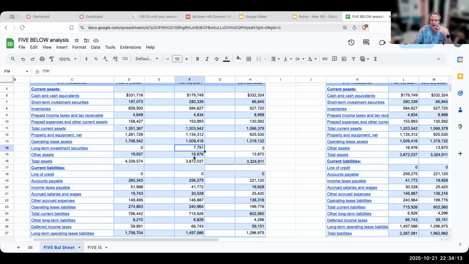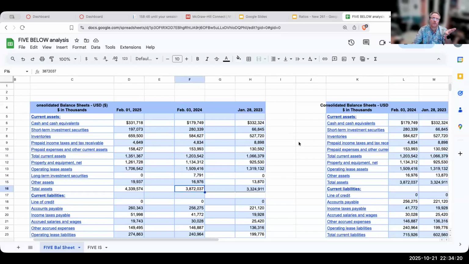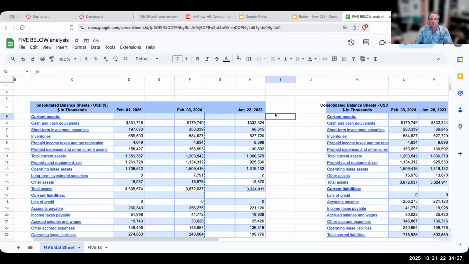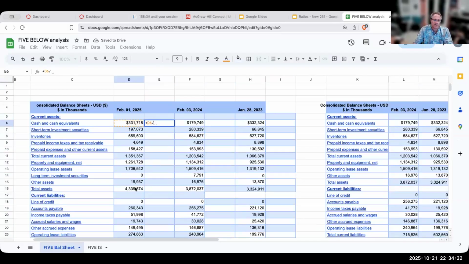So let's take a look at how we make this happen in terms of the common sized financial statements. The first thing we're going to do is divide everything by total assets for each one of the years individually, and I'm going to show this as a percentage.